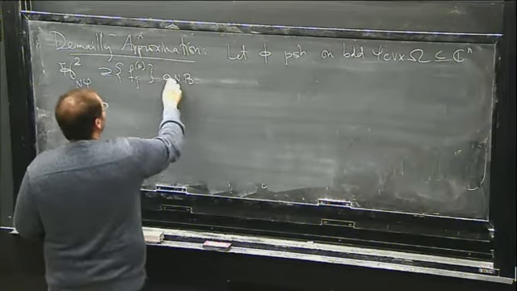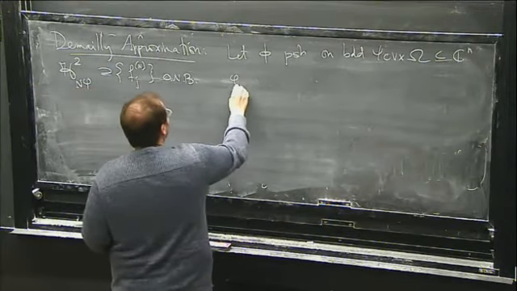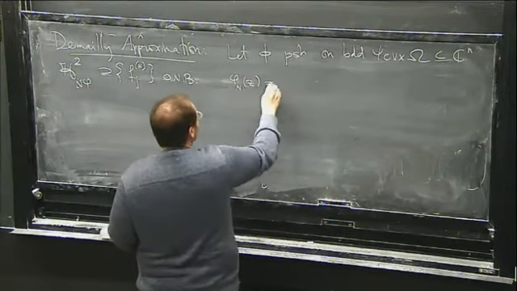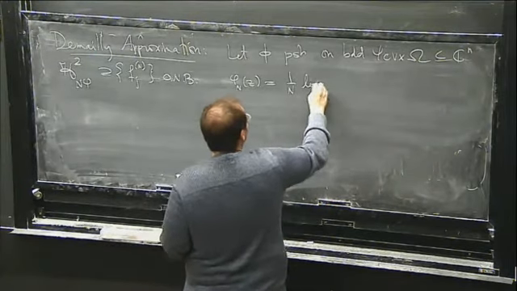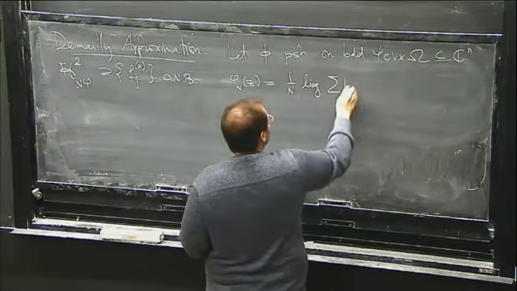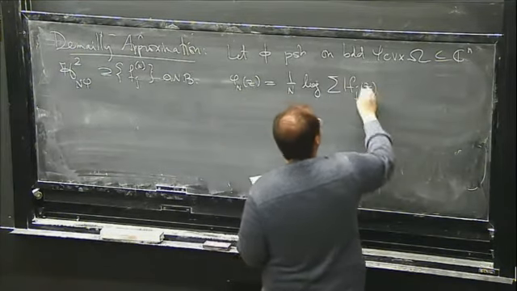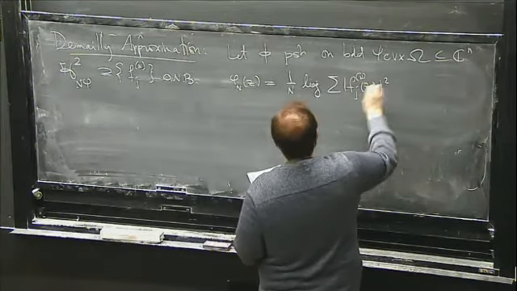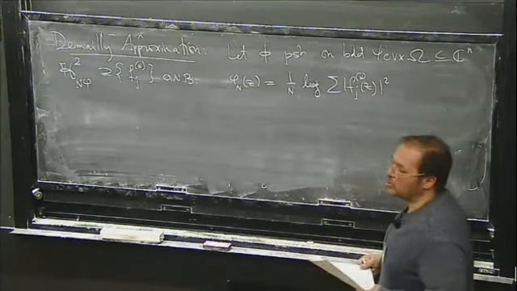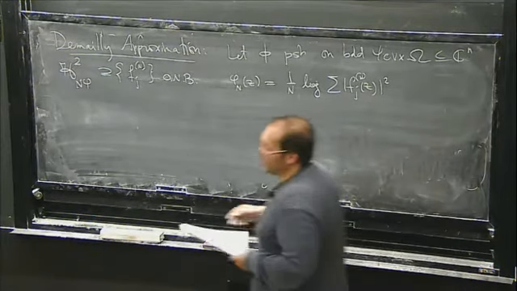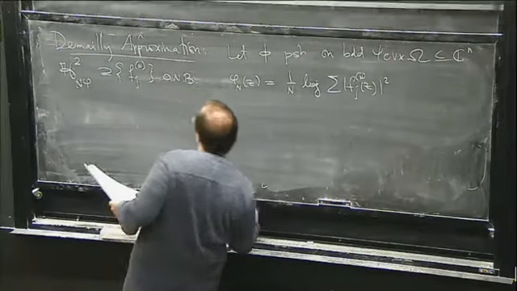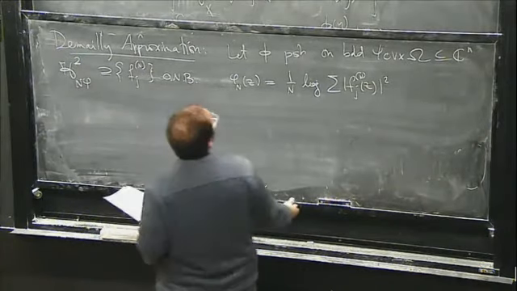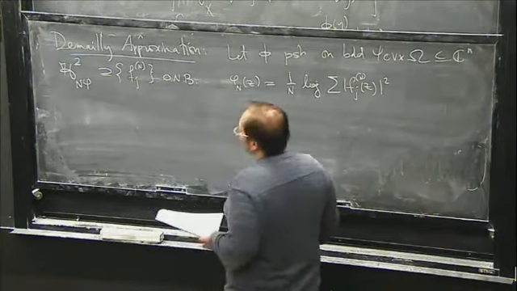And now I'm going to let phi_n of z be 1 over n log of this Bergman kernel. That's the holomorphic L2 functions with the weight e to the minus n phi.